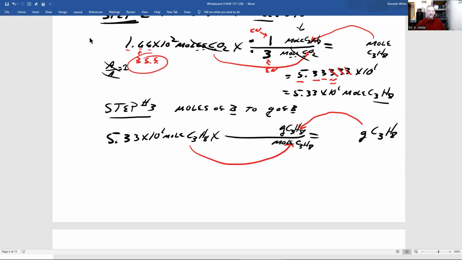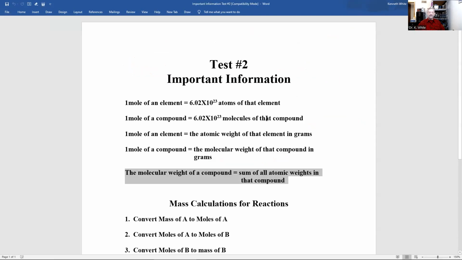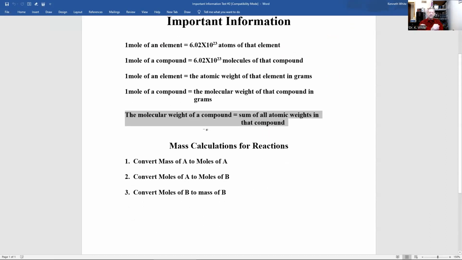And where do I find a relationship between grams of a compound and moles of a compound? Well, in case you forgot, hopefully you haven't, test 2, important information. The last page of the test file I sent to you or you print out will have this whole page. And notice 1 mole of a compound equals the molecular weight of that compound in grams.